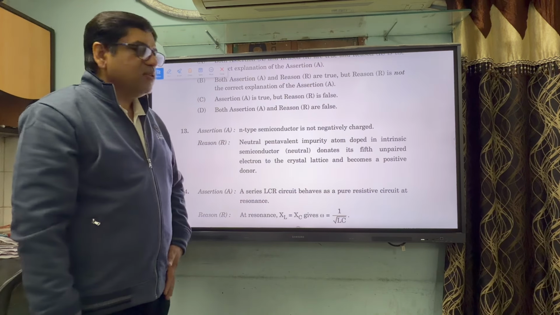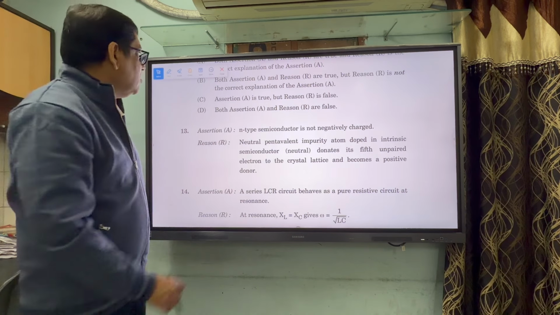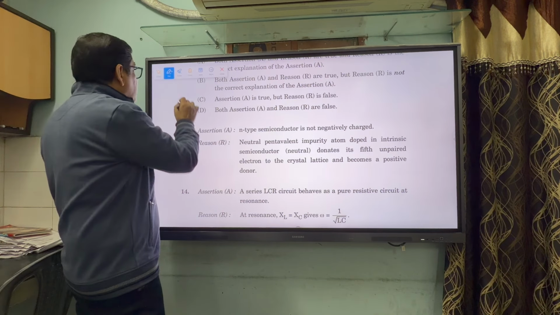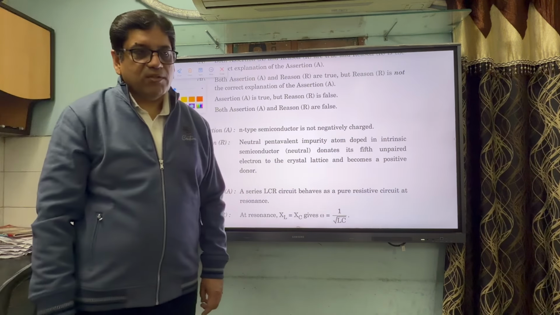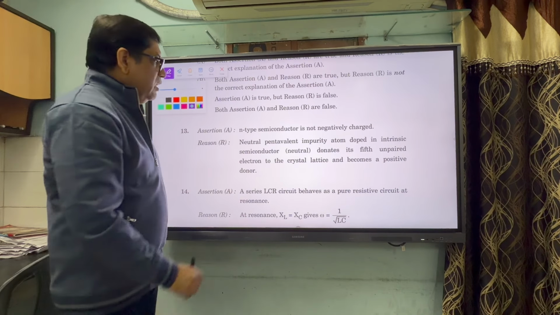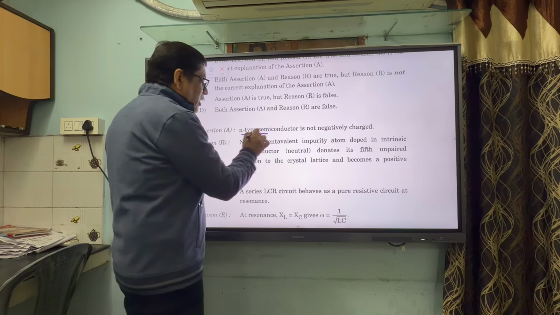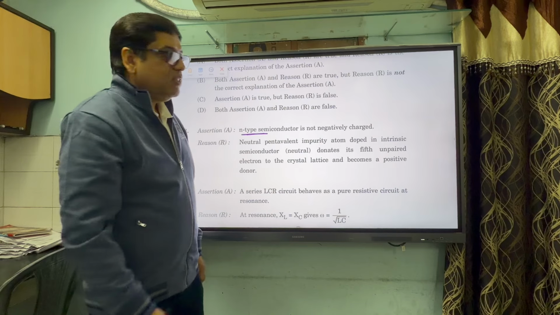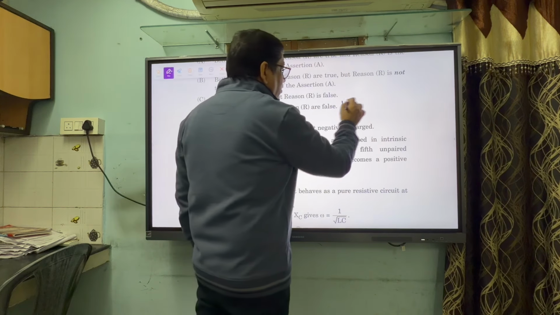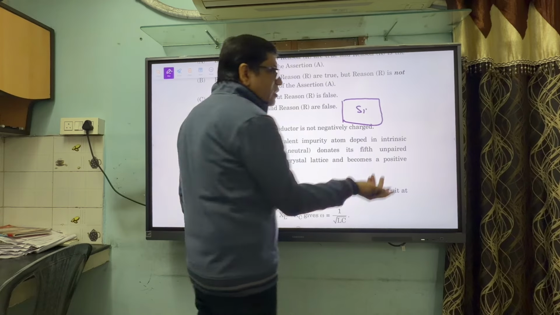N-type semiconductor is not negatively charged. Yes, it is absolutely correct, because N-type semiconductor is neutral. It has no charge. It is called N-type semiconductor because it has more negative carriers than positive carriers. We have silicon, which is neutral.